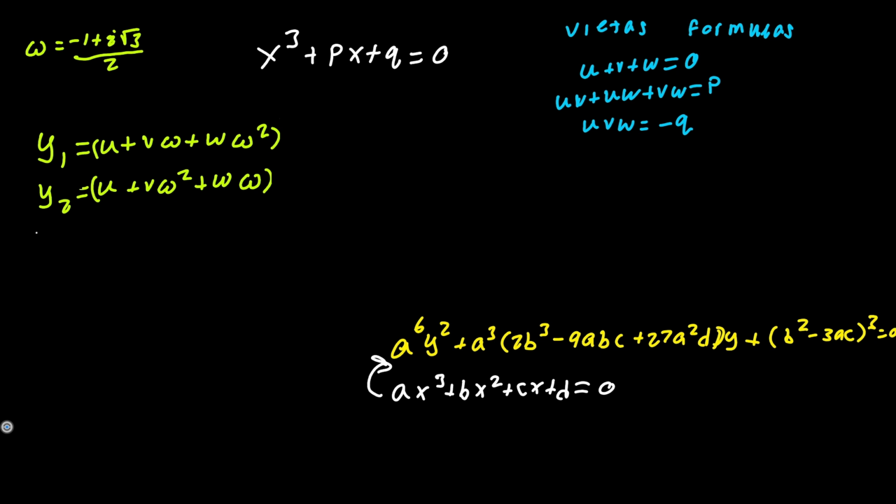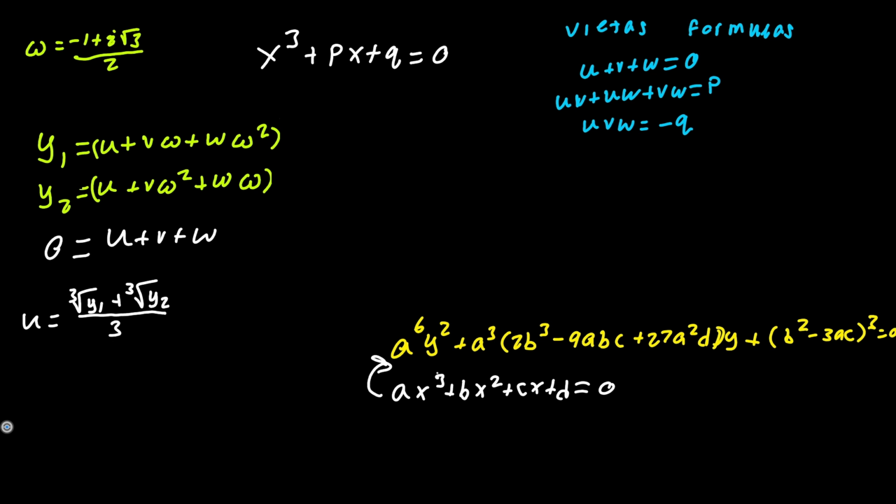If we also use 0 is equal to u plus v plus w, and if we just add all three equations, we will have u is equal to the cube root of y1 plus the cube root of y2 over 3.